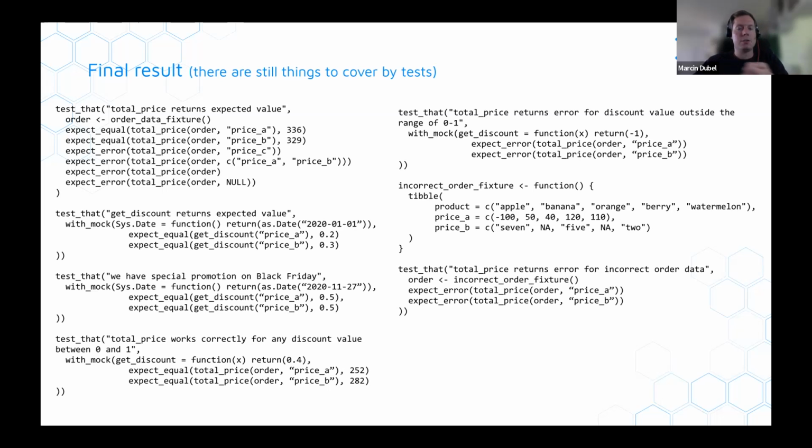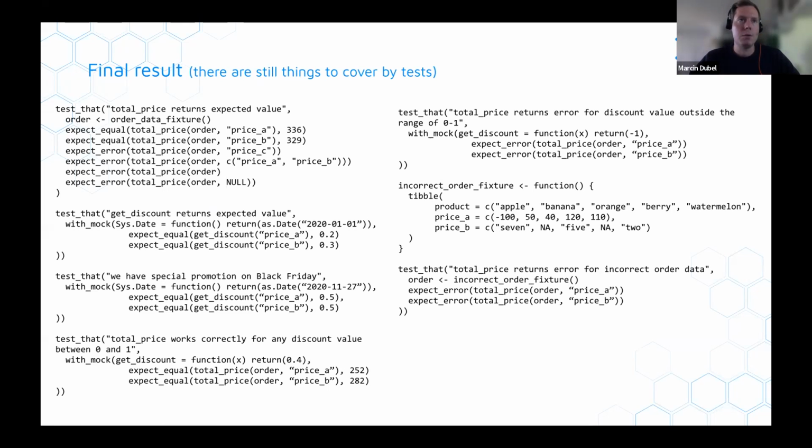If we do not mock this function, our tests will run the same. Let's say that we are expecting get discount to return 0.2 and 0.3. However, on this 27th of November 2020, our tests will behave differently, because suddenly our sysdate will equal this special day and the returned discount will be different.